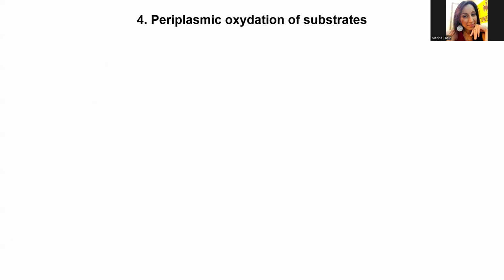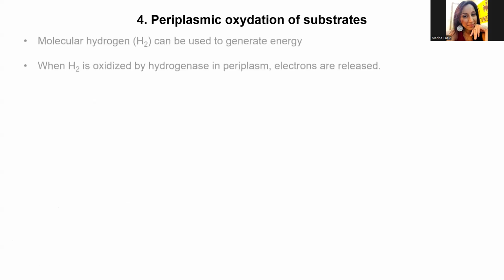Last but not least is the oxidation of substrate in the periplasm. A very, very interesting mechanism. It's tightly related to molecular hydrogen as a source of electrons, because hydrogen is highly reduced.